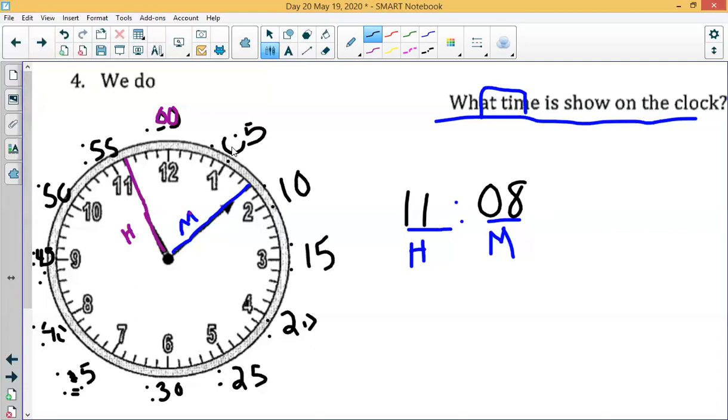So here would be 5, 05, 06, 07, 08. Okay, so we need that 0 there for time. Okay, because it needs to be 2 digits in the minutes. Okay. All right, so your answer would be 11:08. All right, let's go to the next one. If you need additional time, just pause the video.